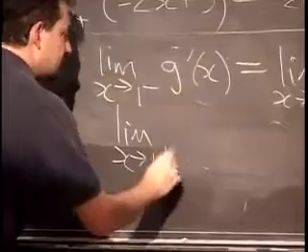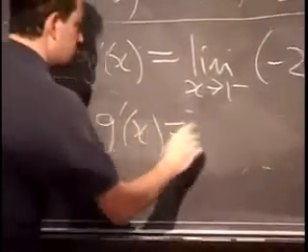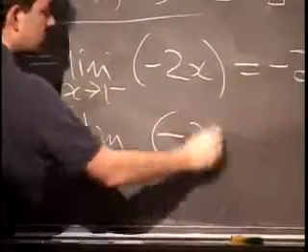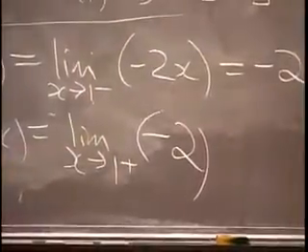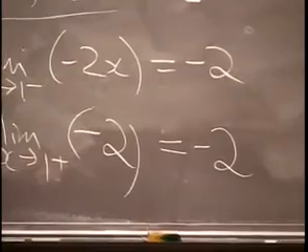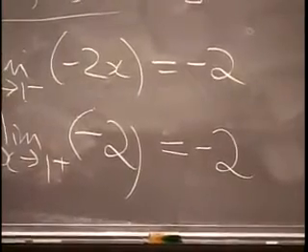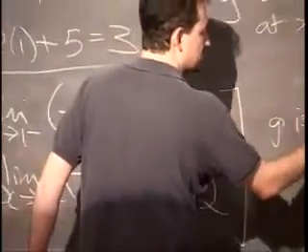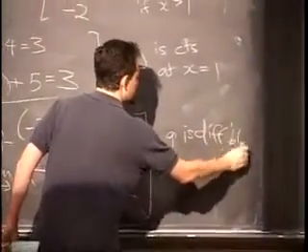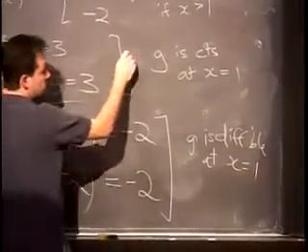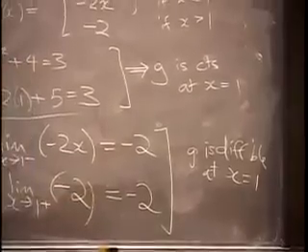From the right, well, the derivative to the right is actually minus 2, as we can see from up here. So the right-hand derivative has limit negative 2, and these also match. So g is differentiable at x equals 1.